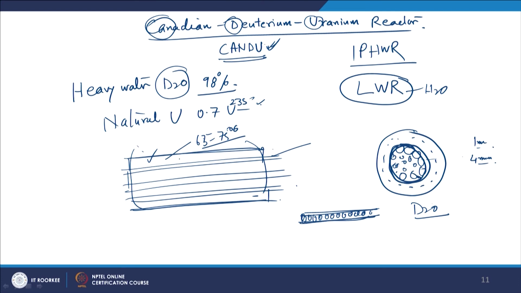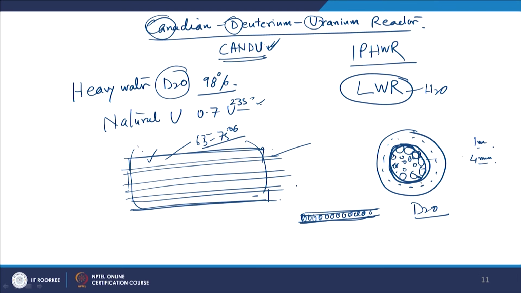Because this vessel is also filled with water, it also serves the purpose of safety, because we have several safety barriers. First of all, the fuel pin is filled with the fuel, and the pin has a certain thickness.